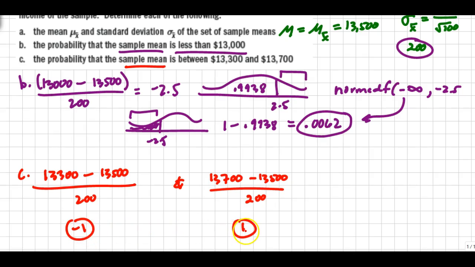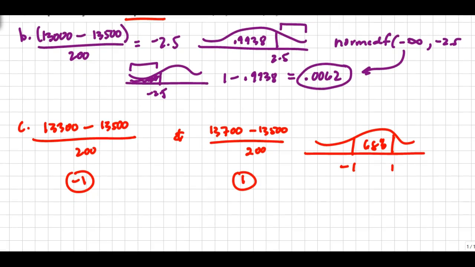And if you remember correctly, going all the way back to lesson 11.1, if we're looking at numbers in between -1 and 1 standard deviation, we know that the probability or the space under the curve between those two numbers is 68%. And I would be okay with you leaving your answer like that, even though it's not exactly perfectly correct. It's what we learned back in 11.1, and I'm perfectly fine with students leaving it that way.